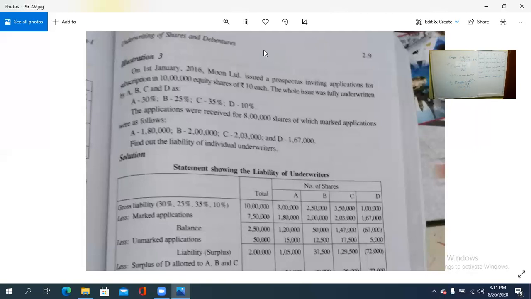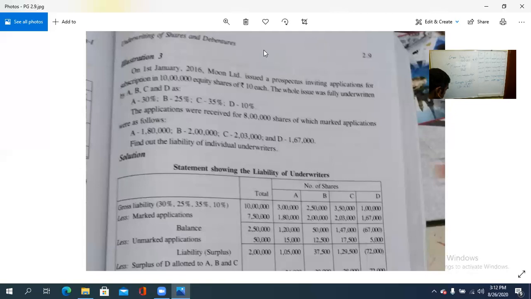So 72,000 into 30 divided by 90 is 24,000 here. Then 72,000 into 25 divided by 90 is 20,000 here. Then 72,000 into 35 divided by 90 is 28,000 here. So 28 plus 20 is 48, plus 24 is 72. Then this is plus 72, so this is nil, zero.